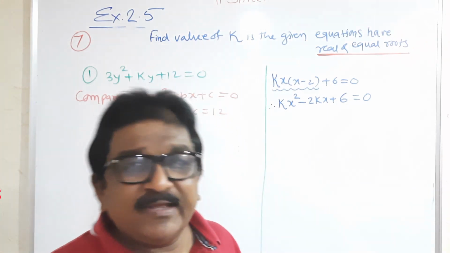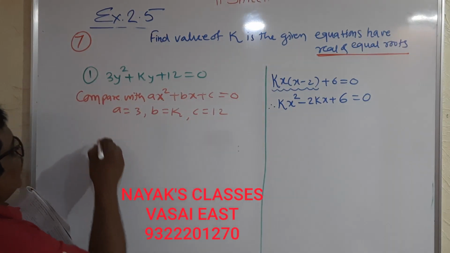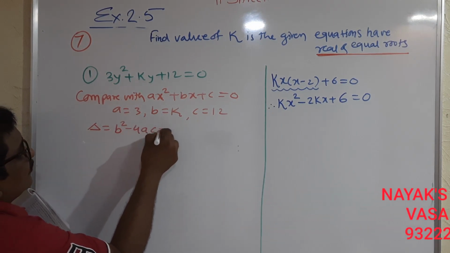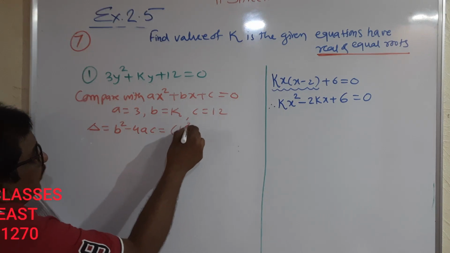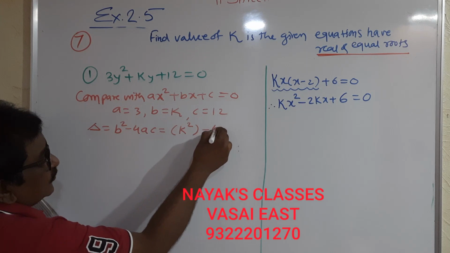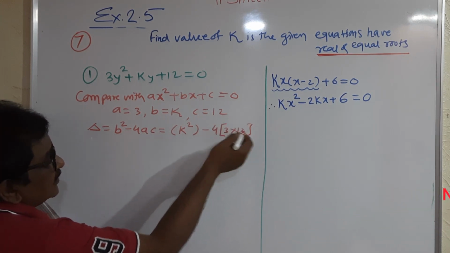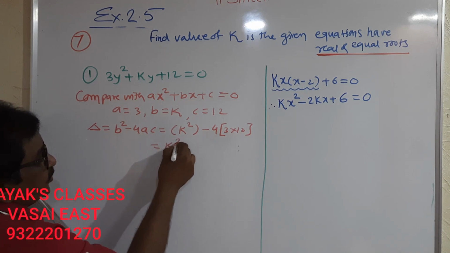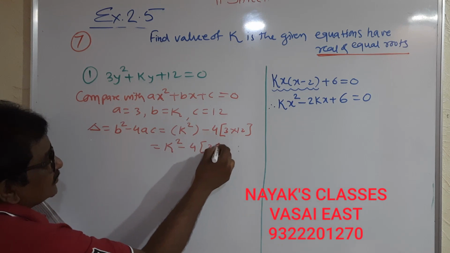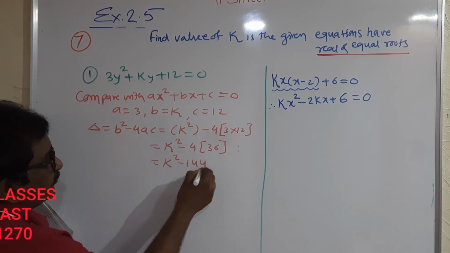We have to find the value of discriminant delta. So delta is equal to b square minus 4ac, which is k square minus 4 into bracket 3 into 12, c is 12. So k square minus 4 into bracket 36, which is equal to k square minus 144.